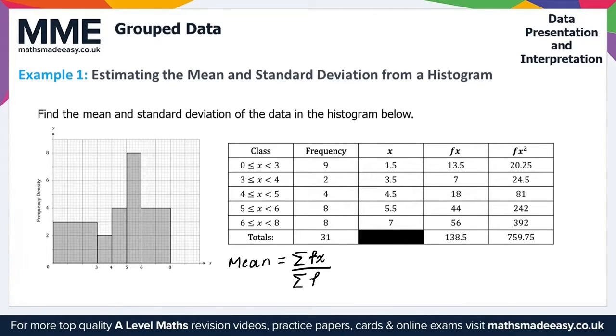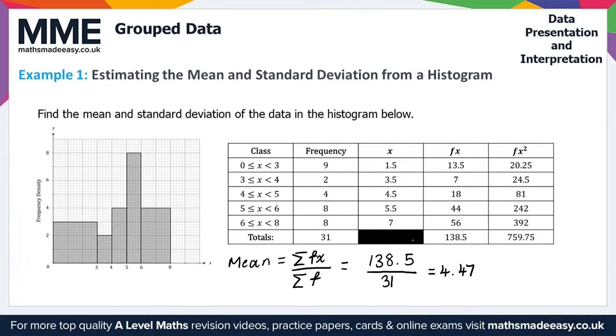Sigma fx is the total of fx, which gives us 138.5, divided by sigma f, which is the total of the frequencies, which is 31. So 138.5 divided by 31 gives us 4.47. That gives us the mean.